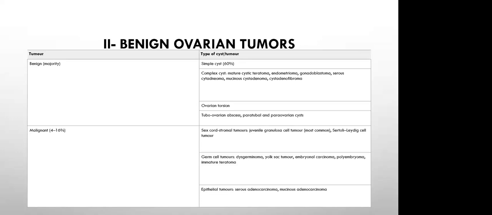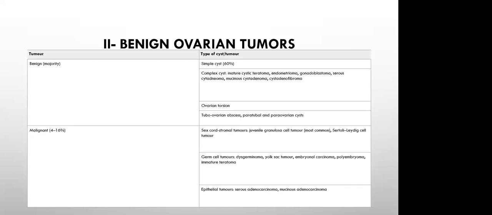Ovarian torsion and tubo-ovarian abscess may both happen as well in young age patients, and they are both associated with pain, both associated with temperature, both associated with changes in blood tests like increased TLC and increased CRP.